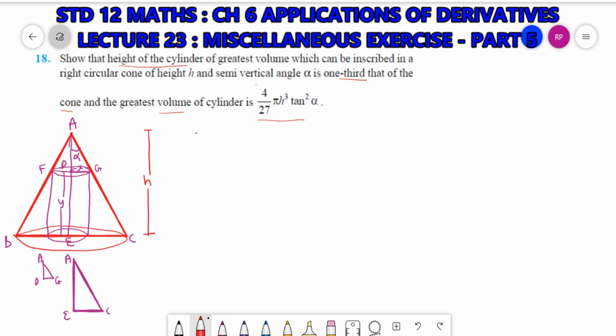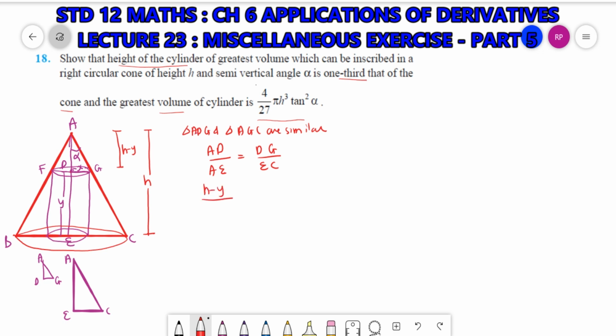Triangle ADG and triangle AEC are similar triangles. So now I can take the ratio: AD upon AE will be equal to DG upon EC. Now what is AD? The total height is H, so AD will be equal to H minus y.